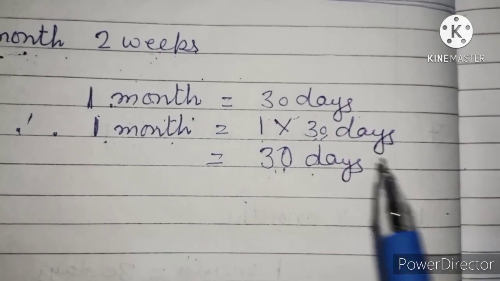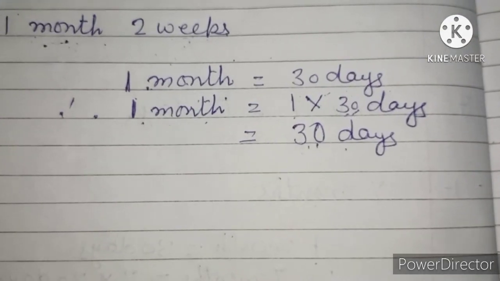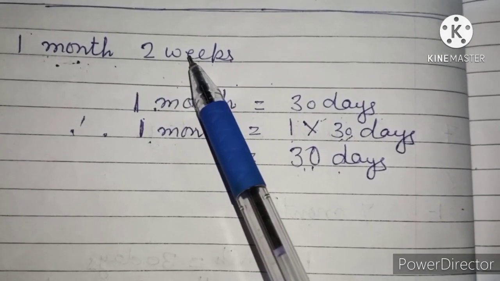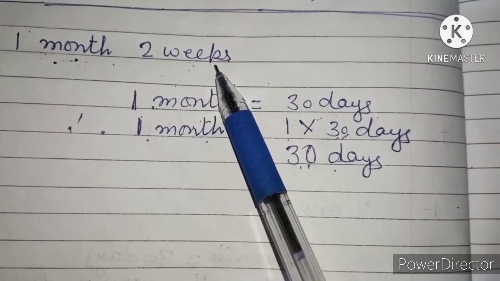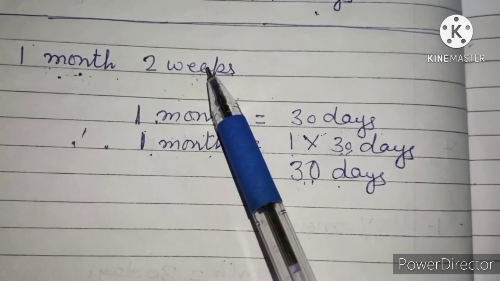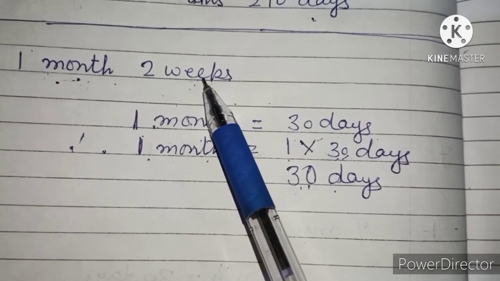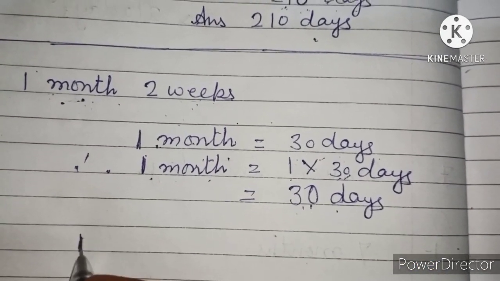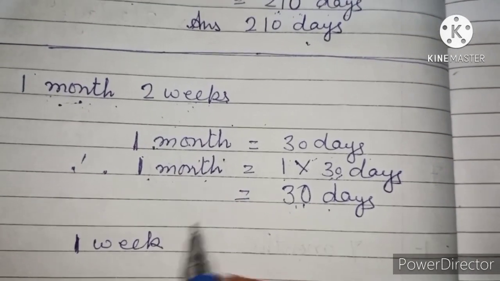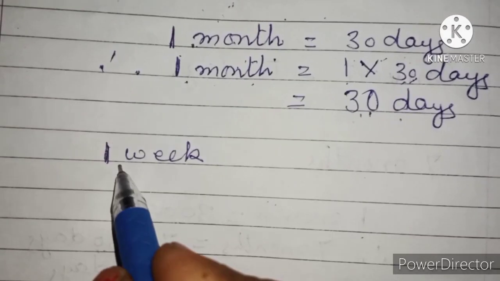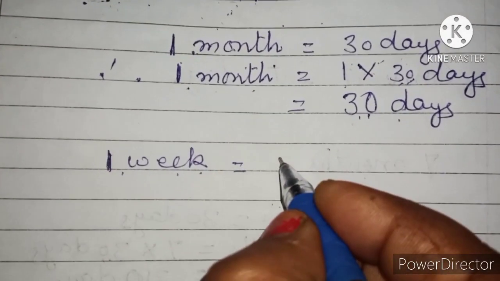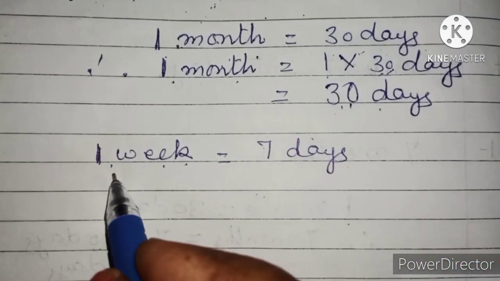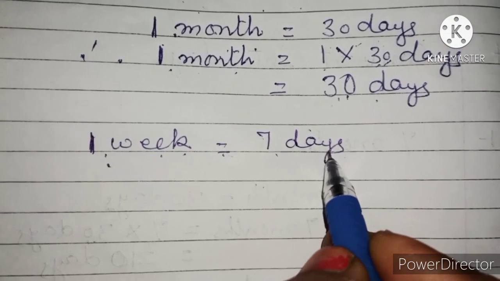Now you can see we have to convert the week into days. So first we will write the formula. 1 week is equal to how many days? 7 days. 1 week is equal to 7 days.